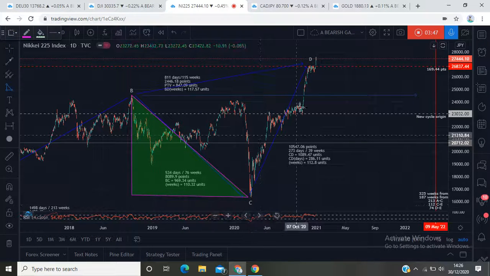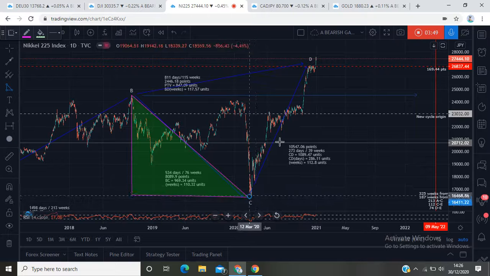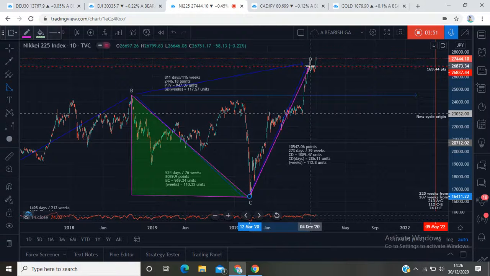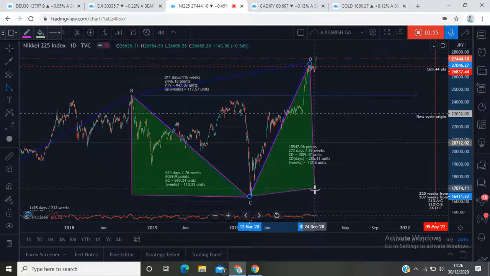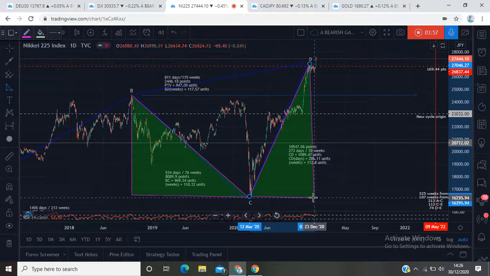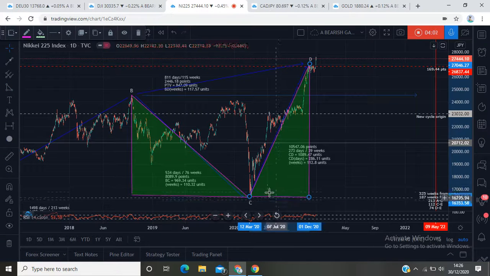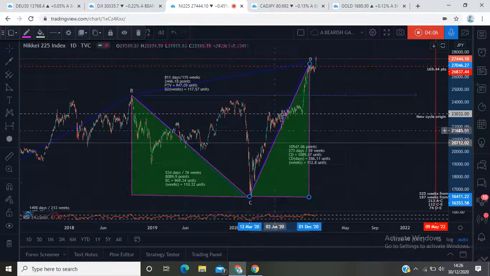Then from C to D also quickly, we just indicate it this way, C to D. So this will be another dimension where the swing from C to D occurs at the hypotenuse of that swing.